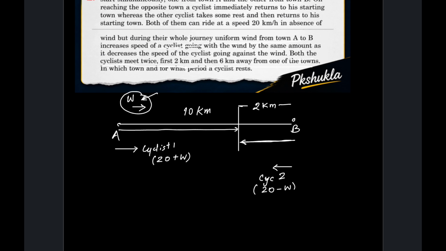Let the time taken by both the cyclists to reach here be T. Then T can be written as, for cyclist 1, distance upon speed.